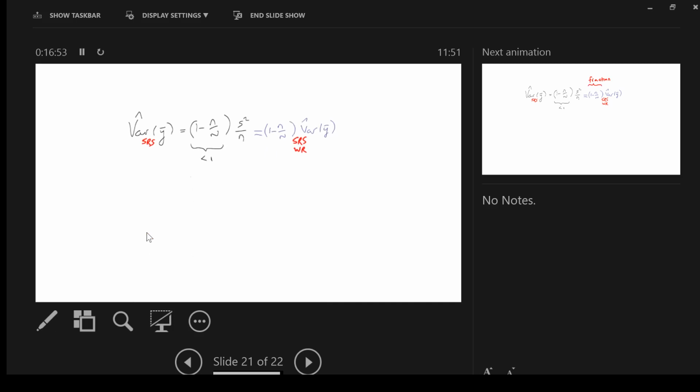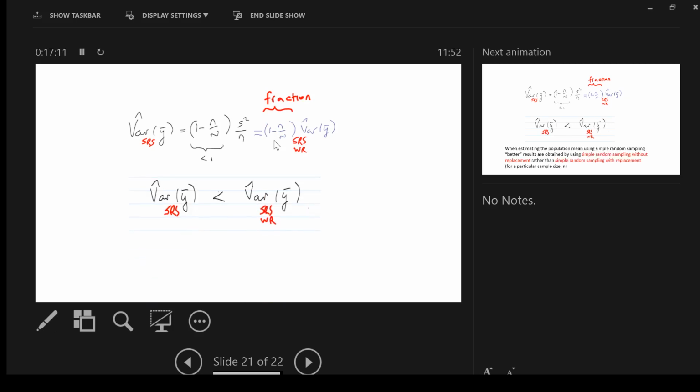So what we have, in other words, in the case of simple random sampling, is the variance S squared over n, which is the variance with replacement, and you multiply it by this fraction, 1 minus n over N. That is a fraction.